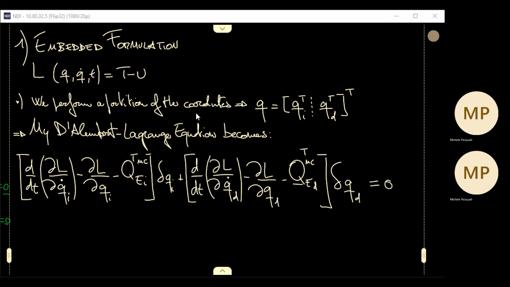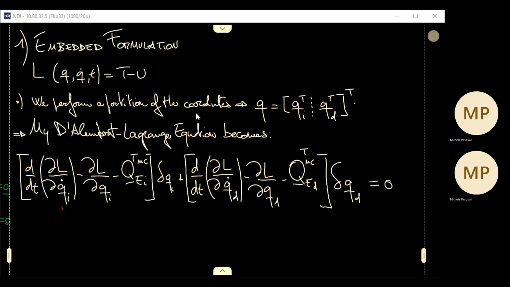Now, you see, I just rewrote the D'Alembert-Lagrange equation, partitioning between independent and dependent. This, which is a vector, is the portion of the non-conservative external forces associated to independent coordinates. Okay.